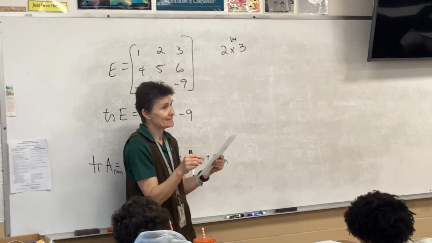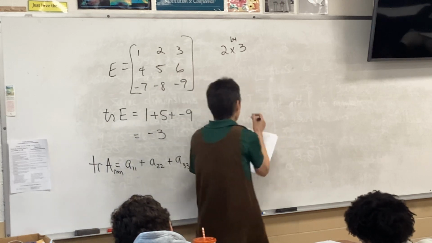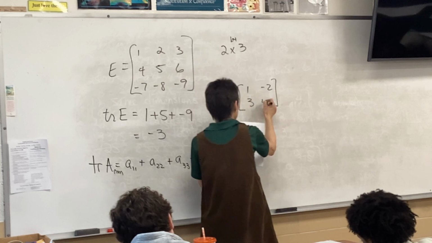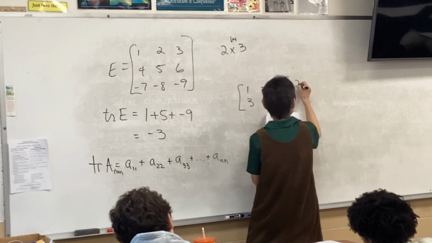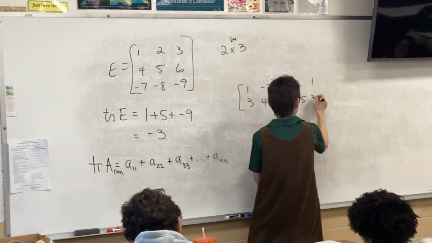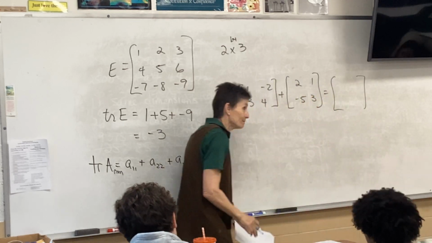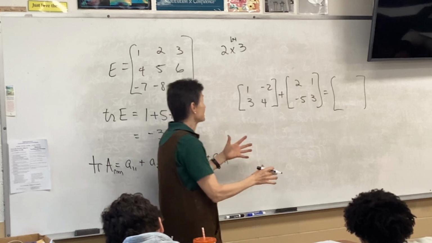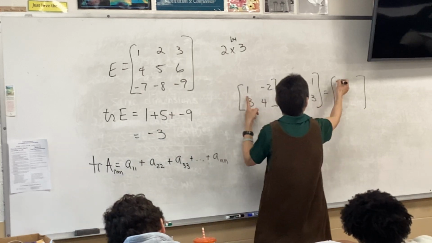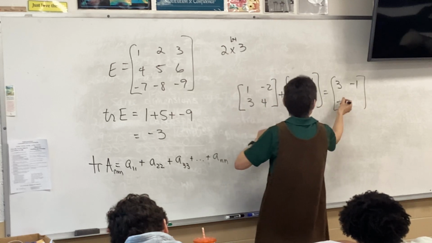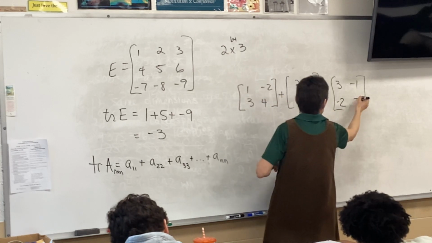A plus D. We want to add these 2 matrices together. Any guess as to how you're going to do this? Exactly! It is so easy. 1 and 2, 3. Negative 2 and 1. 3 and negative 5. 4 and 3. There you go.